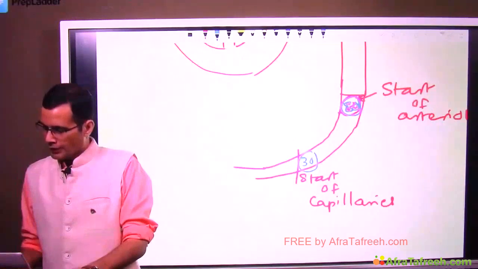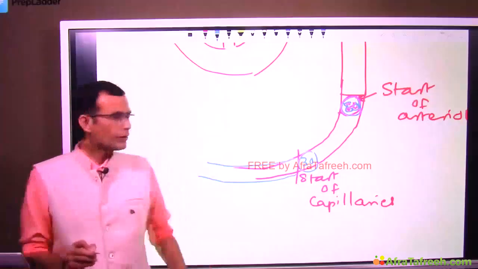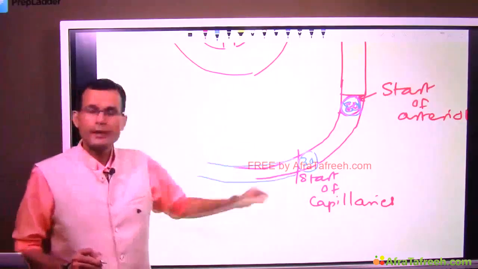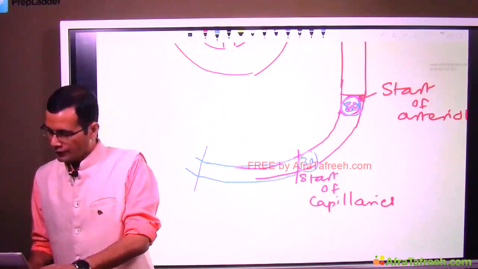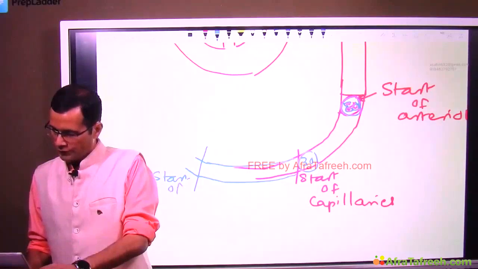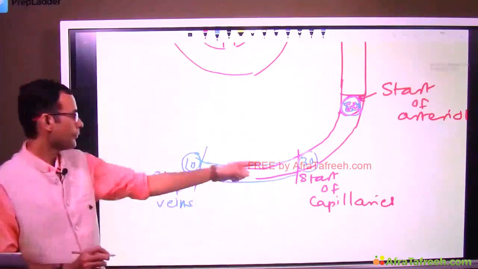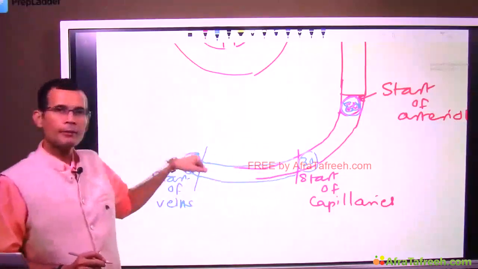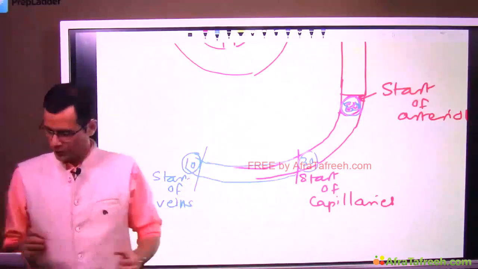Then at the end of the capillaries and start of the veins, the pressure is 10 mm of Hg. This is the capillary segment and that's the pressure change.